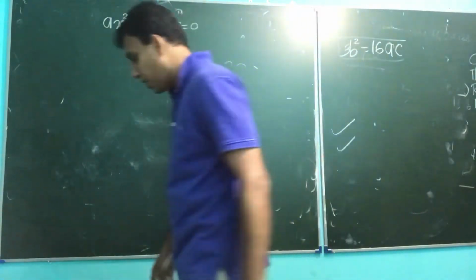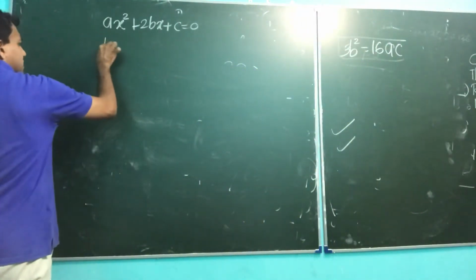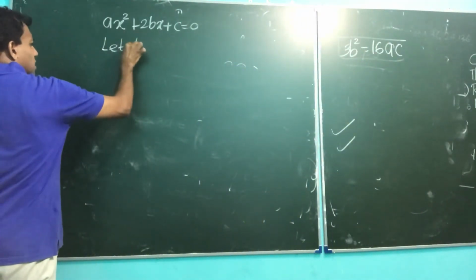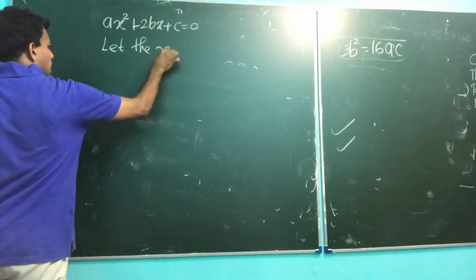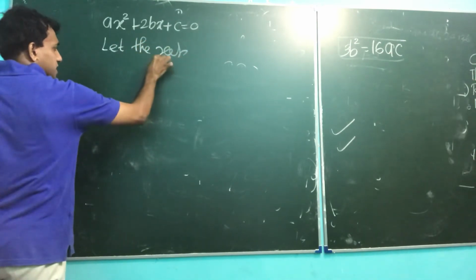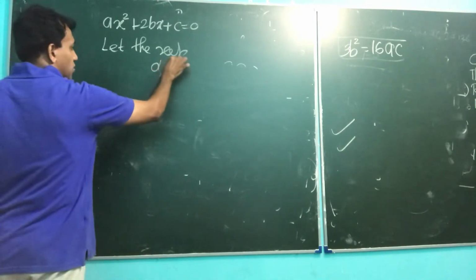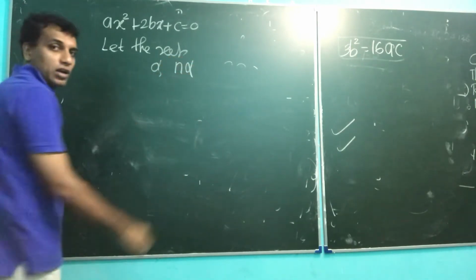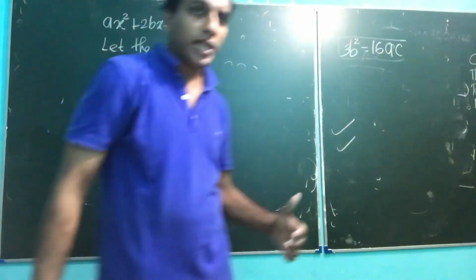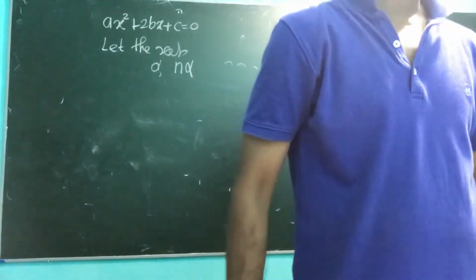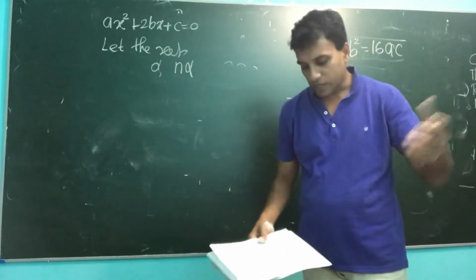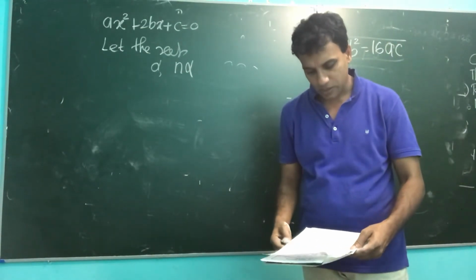Therefore we say let the roots be, if I say one is alpha, the other one is n alpha, right? One is alpha, say the other one is n alpha. So try to remove the alpha, then you have the answer they expect.